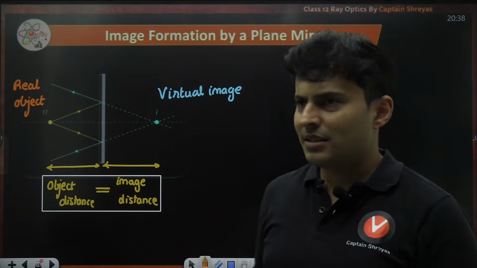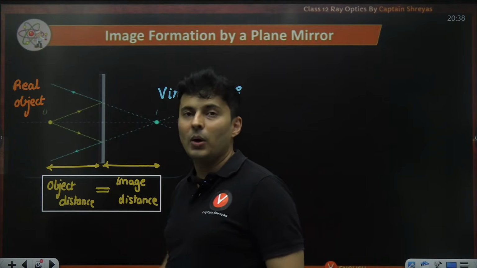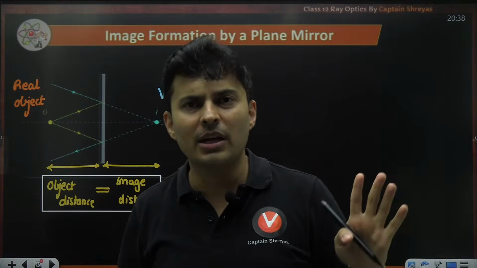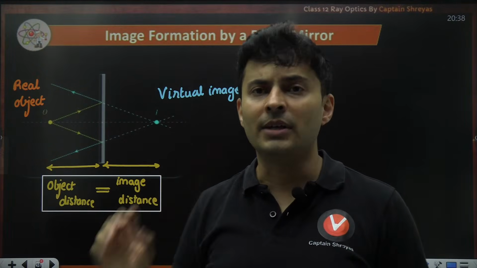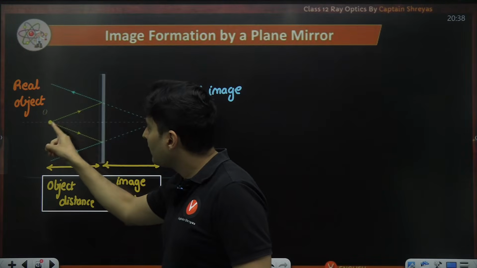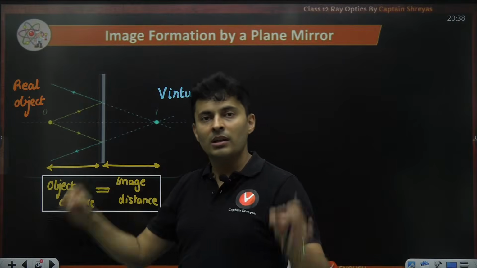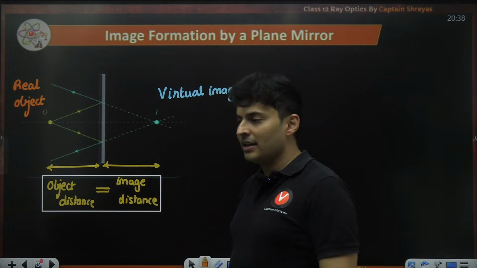Okay, simple guys. I'll tell you what. If it is actually meeting or actually coming, then that ray, wherever it is coming out from or meeting at, that represents a real object or a real image. Like, is the ray actually coming out of the object? Yes, definitely it is real. Is the ray actually meeting here?